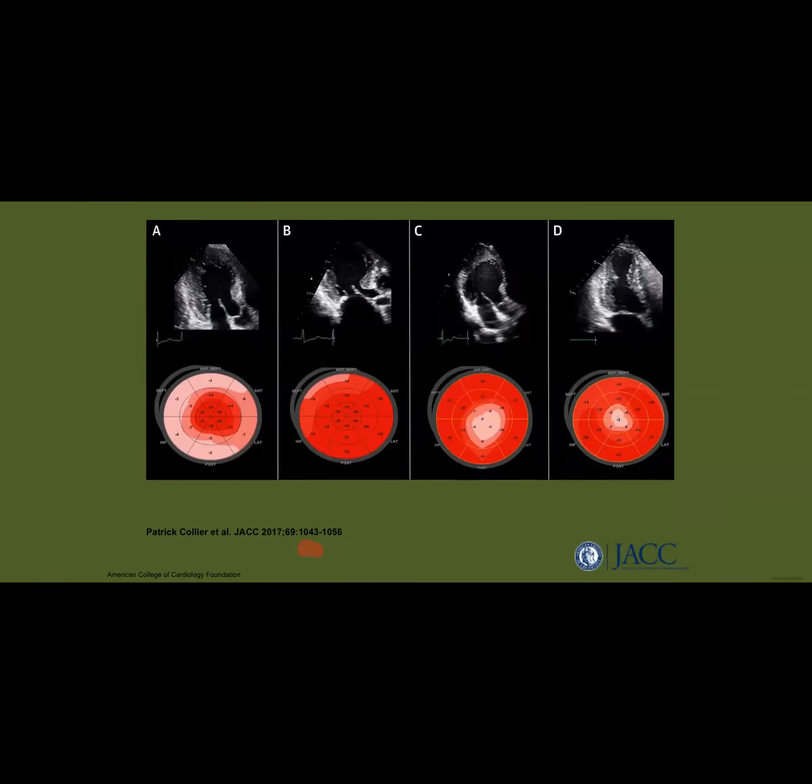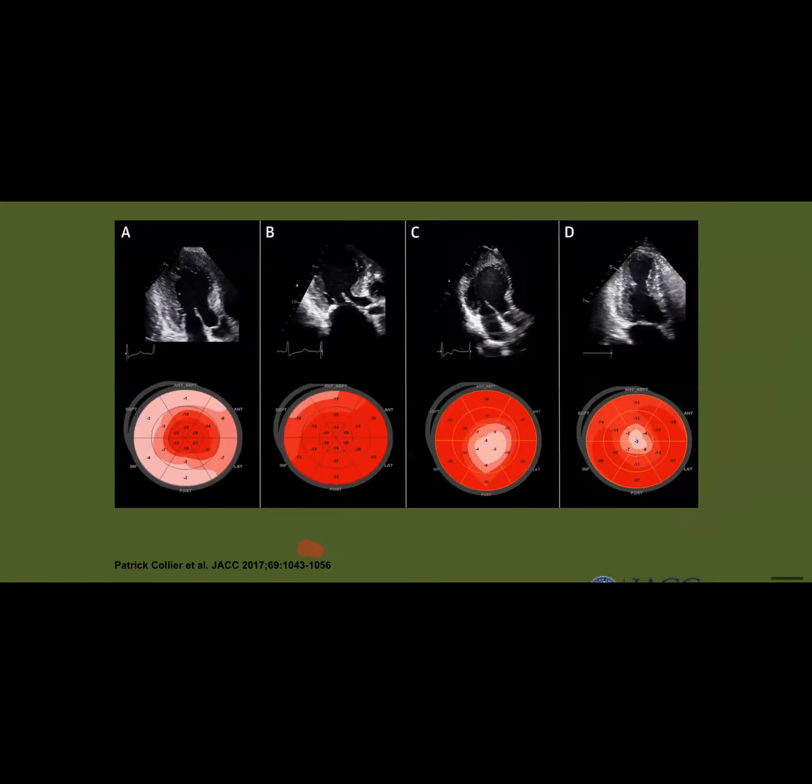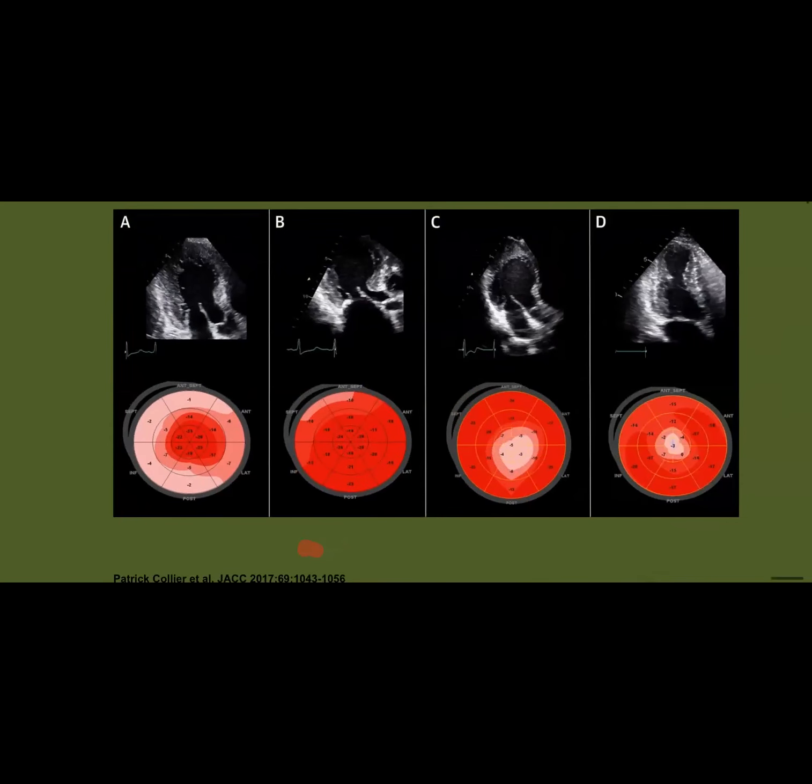Now look at this thing here. Anybody can guess? The one on the left. What is the one on the left? This is cherry on top. Okay, very good. So that is characteristic of cardiac amyloidosis.